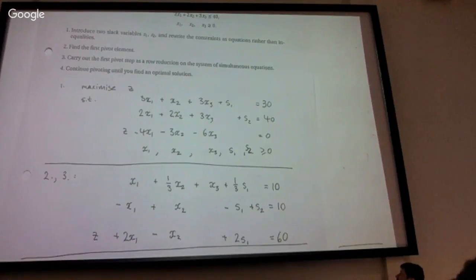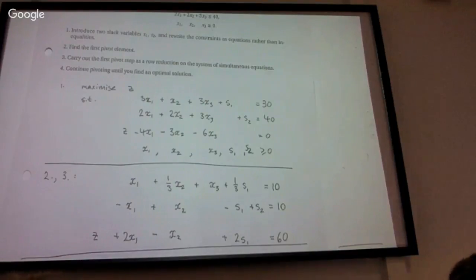So this is the pivot element, which means that x3 is now in the basis, which means that it only appears in the first equation and not in any other equation, and it also has the coefficient of 1, which is not written there. By row reduction, you get the remaining two equations.